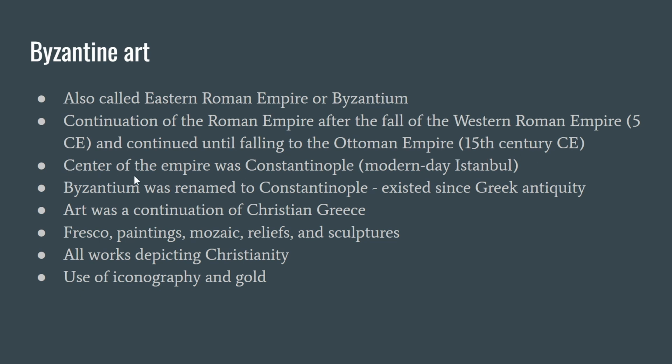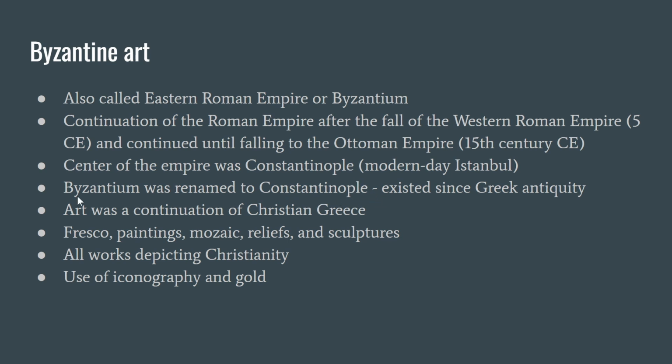And then the center of the empire was Constantinople, which is modern-day Istanbul, as talked about earlier. Byzantium was renamed to Constantinople. So Byzantium is the name of the city, and then it was renamed to Constantinople, which is then renamed to Istanbul.